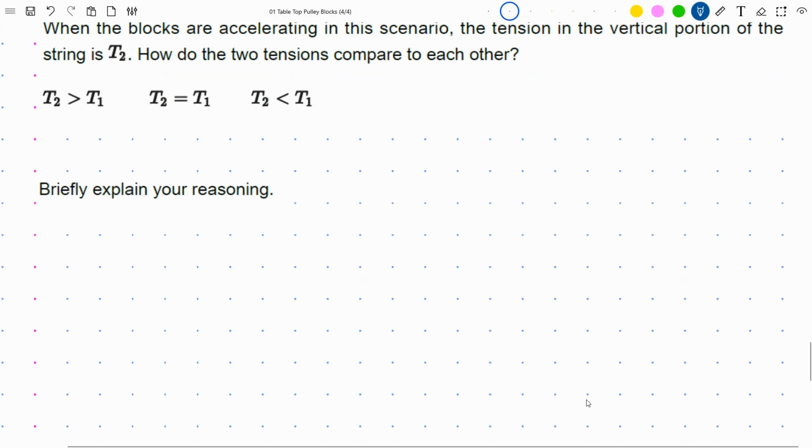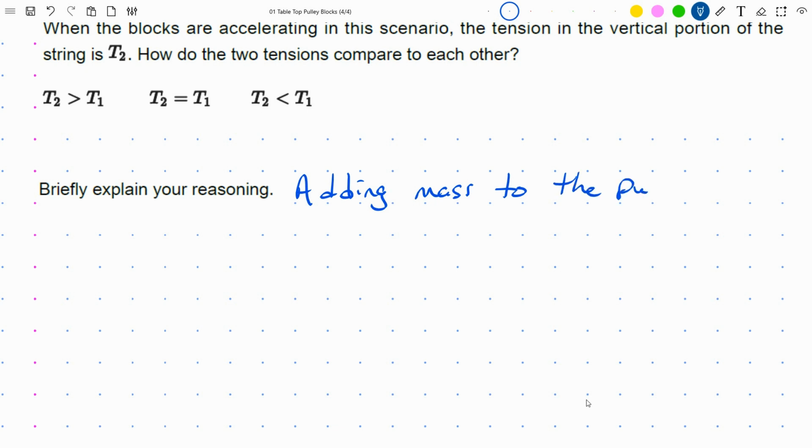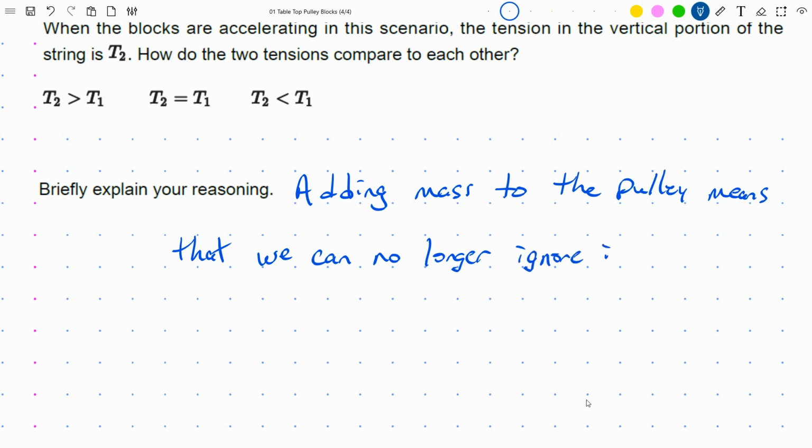So explain your reasoning. Okay, so let's say adding mass to the pulley means that we can no longer, because without stating it, I have been, we can no longer ignore its moment of inertia.